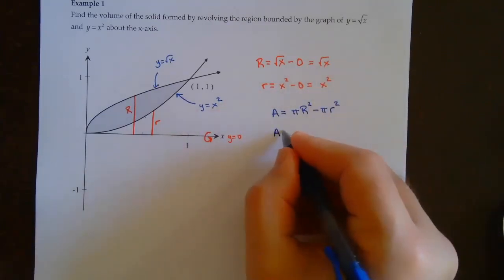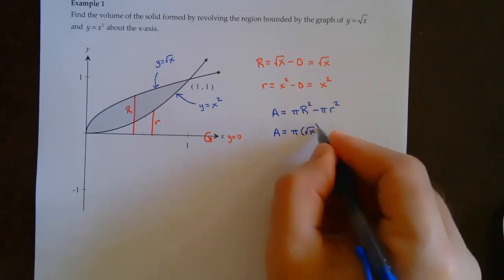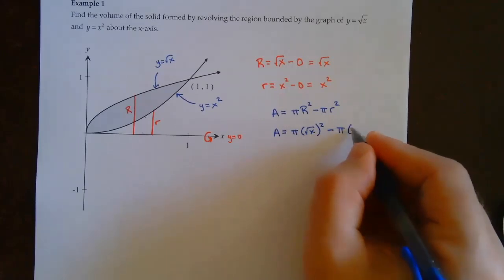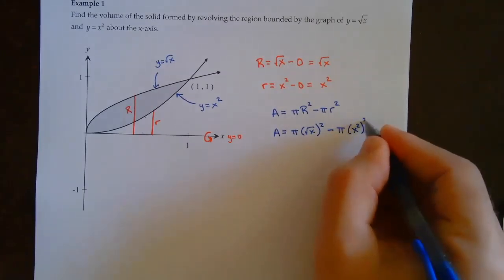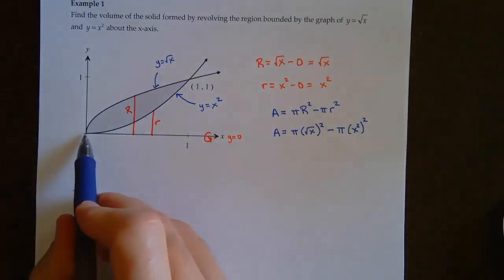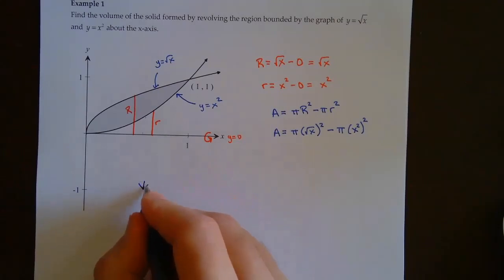So A is equal to pi times the square root of x squared minus pi times x squared squared, because that's your little r. So we're ready to go. We're gonna start making these washers right here at 0, and we're gonna end it right here at x equals 1.